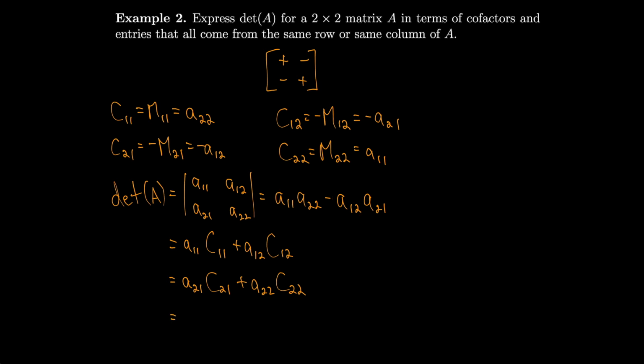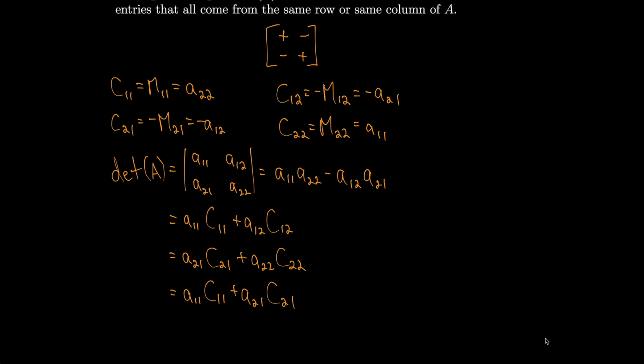Or I could get A11, C11 plus A21, C21. Or I could get A12, C12 plus A22, C22. Just depends on what I want to swap.